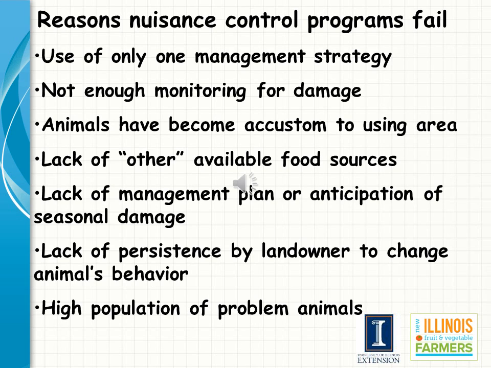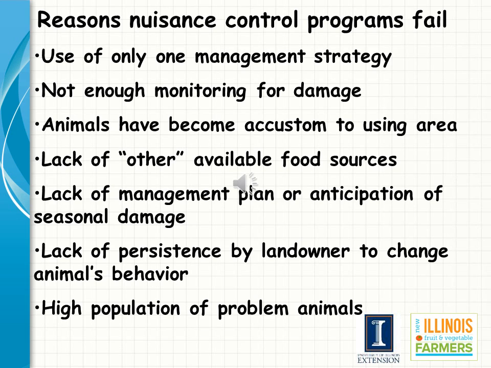There are many reasons nuisance wildlife management programs fail. Reasons include the use of only one management strategy, not a multiple integrated pest management strategy, not monitoring for the damage, anticipating damage that might be occurring. There's lack of alternate food sources available, so you've got treated areas and untreated, and maybe a lack of persistence by the landowner.